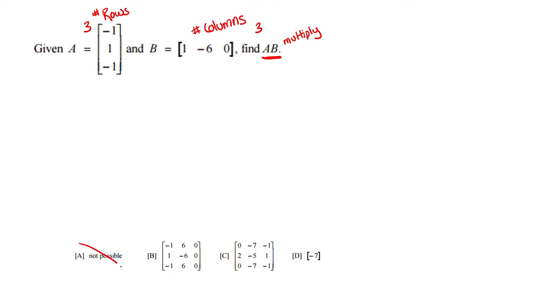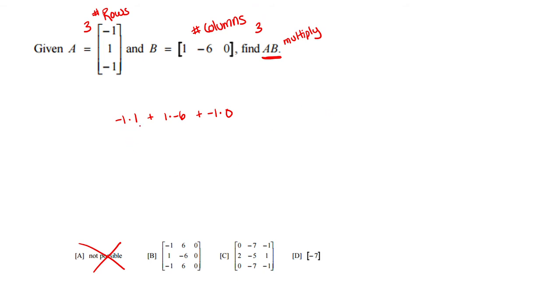We're going to do -1 times 1 plus 1 times -6 plus -1 times 0. And since that's the only thing we have, that's all we can do when we multiply these together. So we would only have one number here.